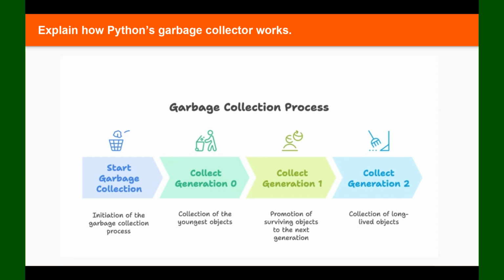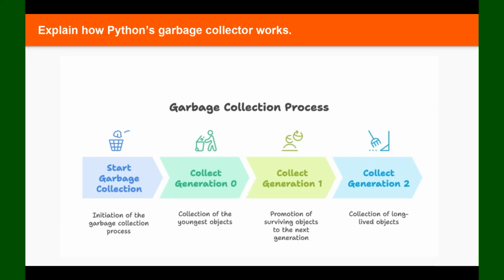Python primarily uses two techniques for garbage collection. One is reference counting and the other is cycle detection. In reference counting, every object in Python has a reference count, the number of references pointing to it. When the reference count drops to 0, the object is immediately destroyed.